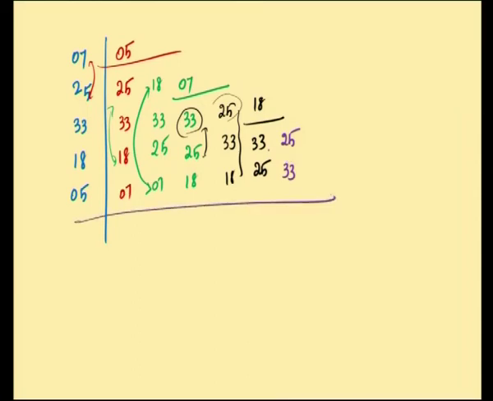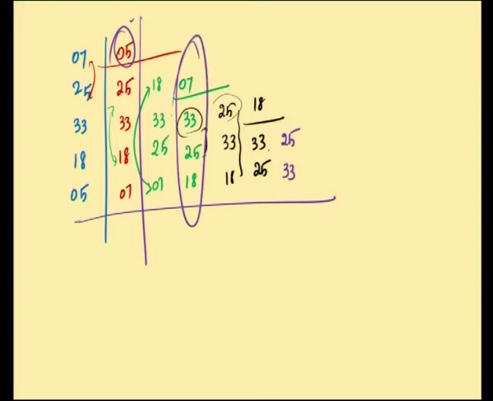Now, check it. In the first cycle, the first smallest number among the n numbers is stored. In the second cycle, I have selected the next smallest number and stored it in the second location. In the third cycle, okay, the next smallest number 18 is identified and stored in the third location.